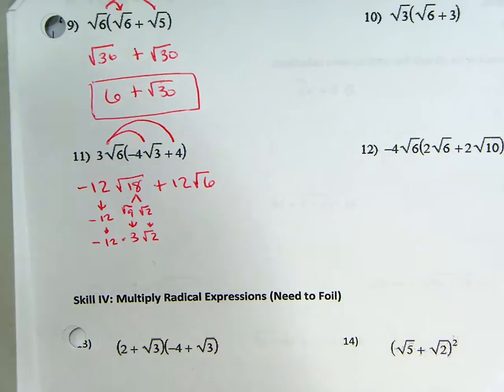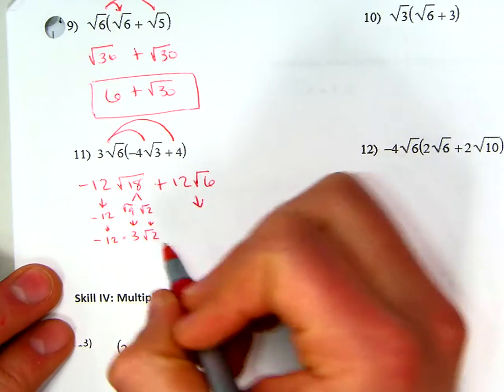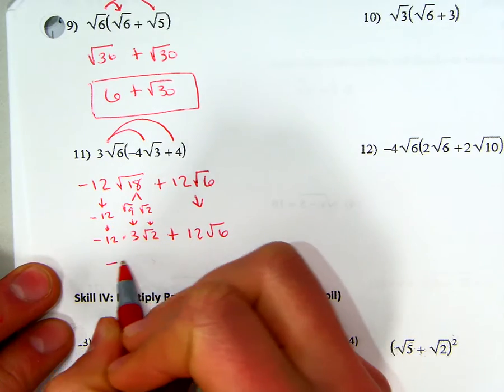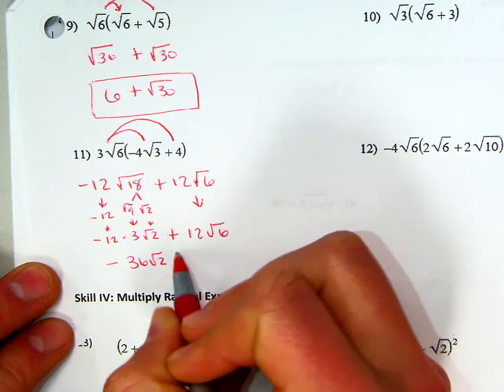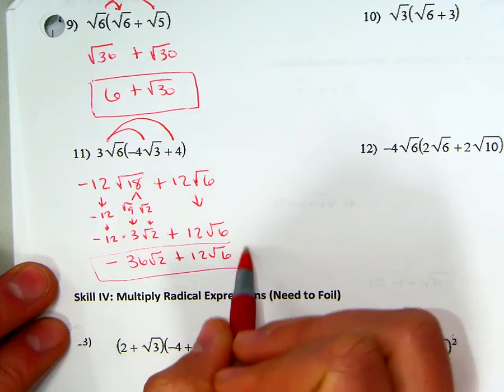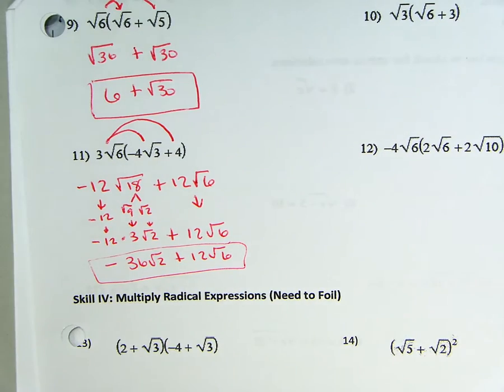Can't really do anything here. Can't break down the square root of 6, so this just drops down. And then I have negative 36 times the square root of 2 plus 12 times the square root of 6. And I can't combine them because they're radicands. The numbers underneath the square roots are not the same.